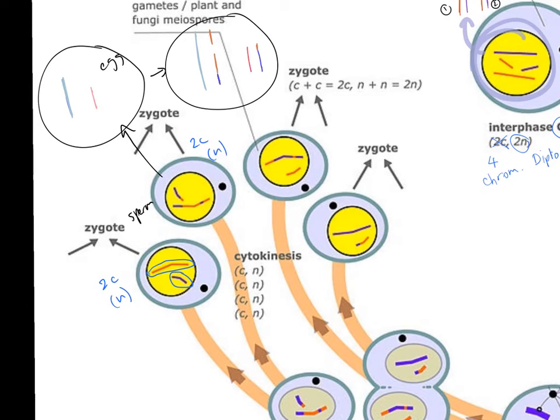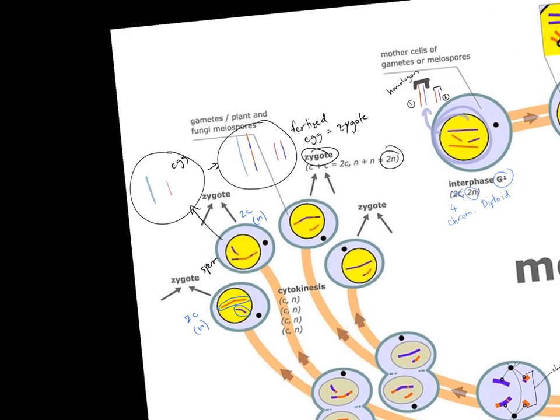This would be the homologous pair. Once it's joined, this is a fertilized egg, which is your zygote, and it has 2N again.